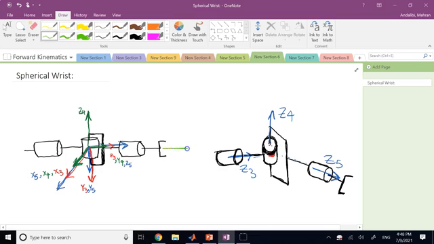If I choose this here to be my Z6, then my X6 has to be perpendicular to Z5 intersecting it. And since Z5 and Z6 are parallel, I can choose the origin to be anywhere I want here. I choose it at this center of the wrist. And I choose my X6 to be the same direction as X3, 4, and 5. Like this. And with that X and that Z, it means clearly my Y6 is going to be like this.